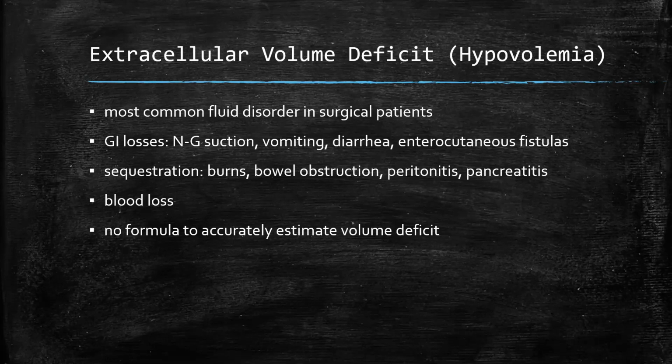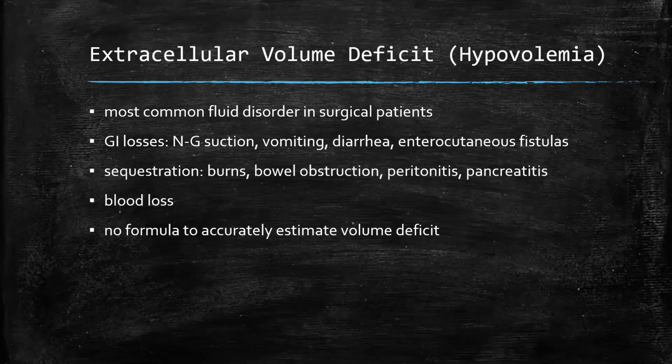Patients with bowel obstructions are able to sequester liters of fluid, not only in the lumen of the bowel, but inside the bowel wall as well. Patients with peritonitis or pancreatitis can do a similar thing. And then, of course, we have our trauma patients that can lose blood. So most of the patients we see are going to present with an extracellular deficit.